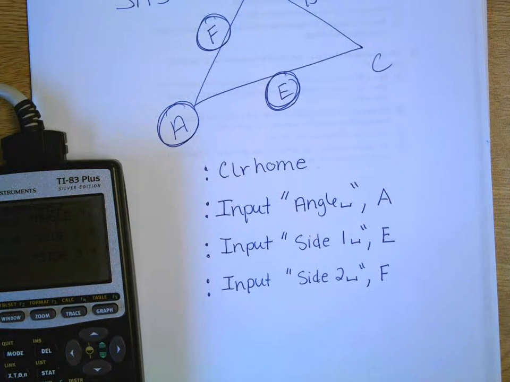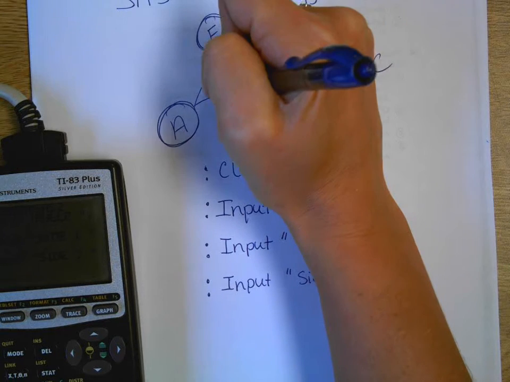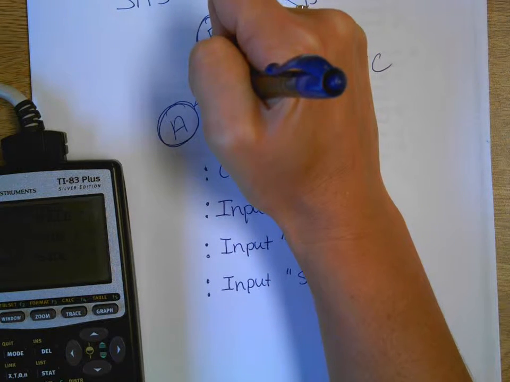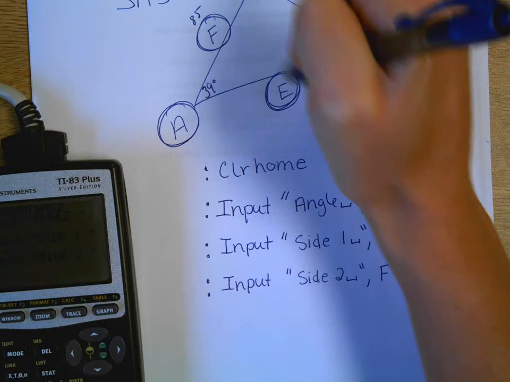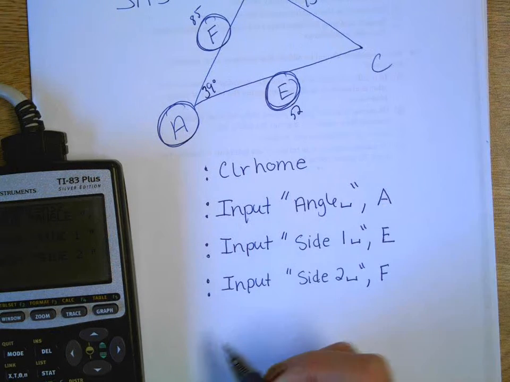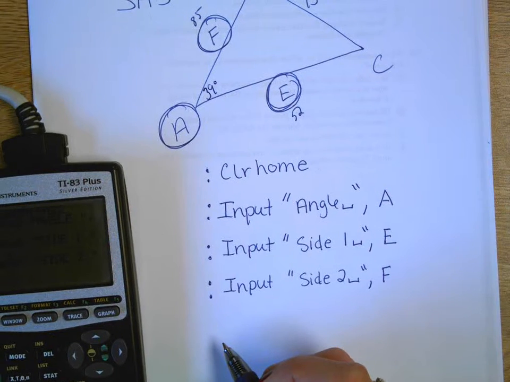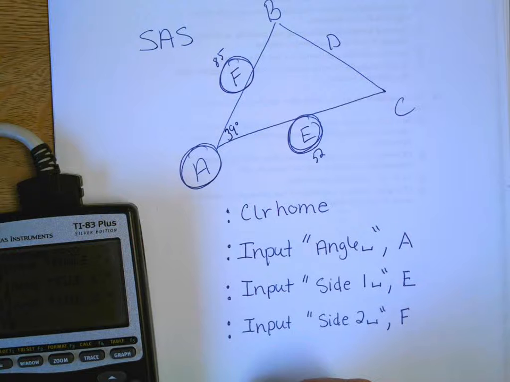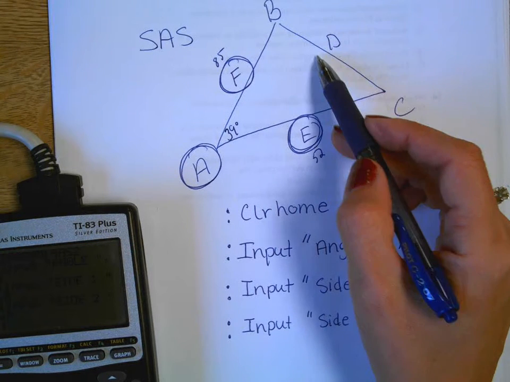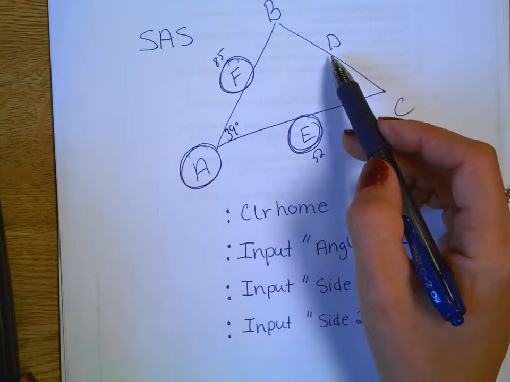Okay. Now we've got to do the math by hand one time so we can type it in the calculator. So I'm going to throw some numbers on here just so we can have an idea. 39 degrees, 85, 52. Okay. What did we find first on SAS? We found the other side. Do you remember how law of cosines works, or do you have to look it up?